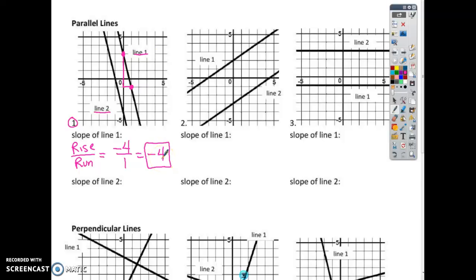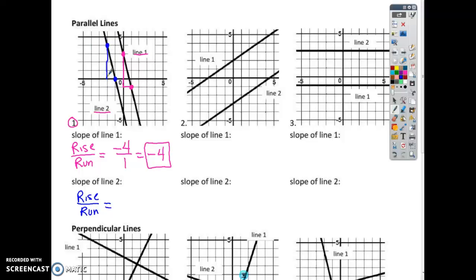Let's do the slope of line 2. Okay, so we're going to pick some pretty points again, here and here. And we're going to do the rise over the run. So how much did I rise? 4.